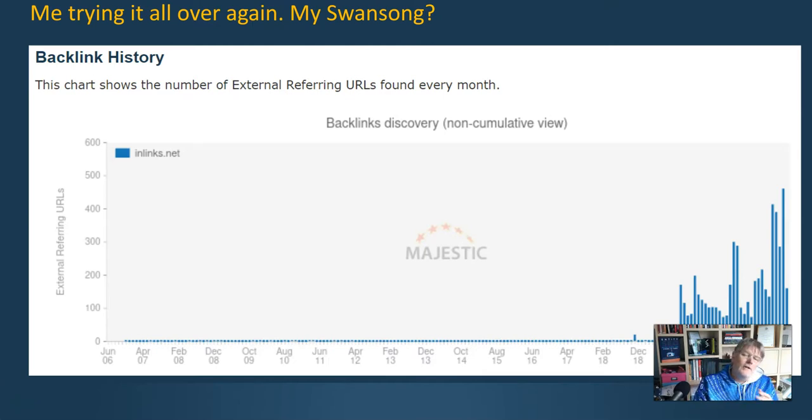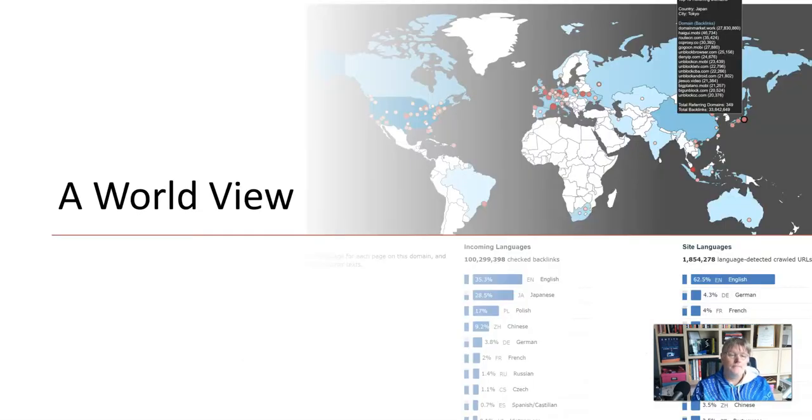So the point is that you can see that the backlinks history over time really stops a lot of scammers from being able to make much headway. You can't pretend that you've been around for a long time if there's no fingerprint in the world of backlinks.